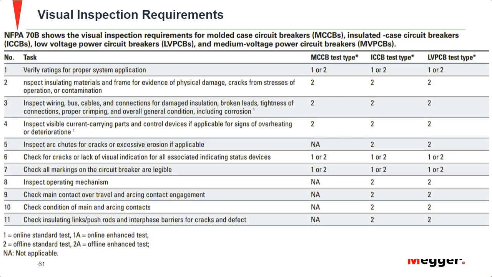So seen here, your arcing contacts, and then your chutes and everything like that, that's not going to be applicable for your molded case breakers. But then you're also going to have just different things you do for different types of breakers. So again, this can all be found in that NFPA recommendation, just to give you an idea of exactly what you should be doing for each type of breaker.